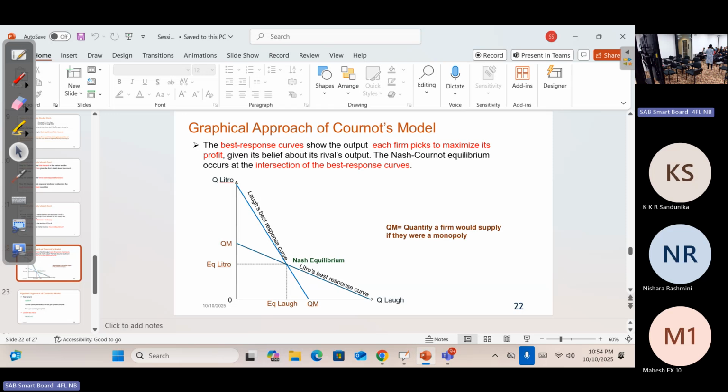Since they have a kinked demand curve, there is a discontinuity in the marginal revenue curve. Therefore, within that discontinuous area, no matter how much your marginal cost curve changes, the price is the same. So price rigidity is explained by the kinked demand curve model. Right. Then we came to the Cournot model. In the Cournot model, there is a set of assumptions, right?